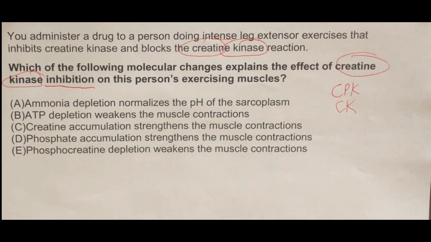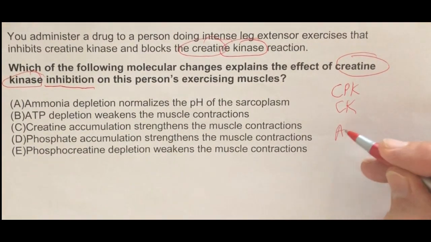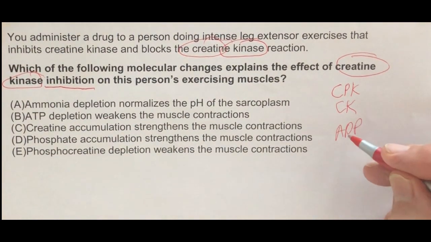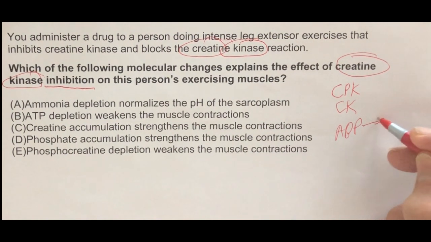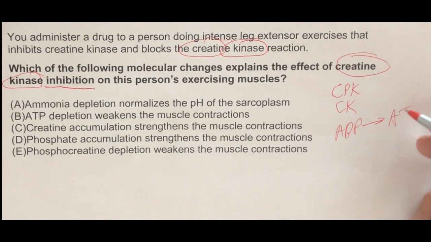So what are we phosphorylating during the creatine phosphokinase or creatine kinase reaction? We're phosphorylating ADP to create ATP. That's the function. And then when we use up the ATP, it gets recycled back to ADP.